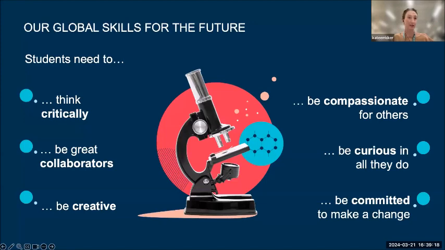So we know that our students need global skills for the future. And how can we prepare them for the skills they need? To be successful in an increasingly complex and difficult world, they're going to need more than the core academic subjects. Indeed, the things that matter in the world outside of school aren't usually the things you can test with single answers to simple questions.